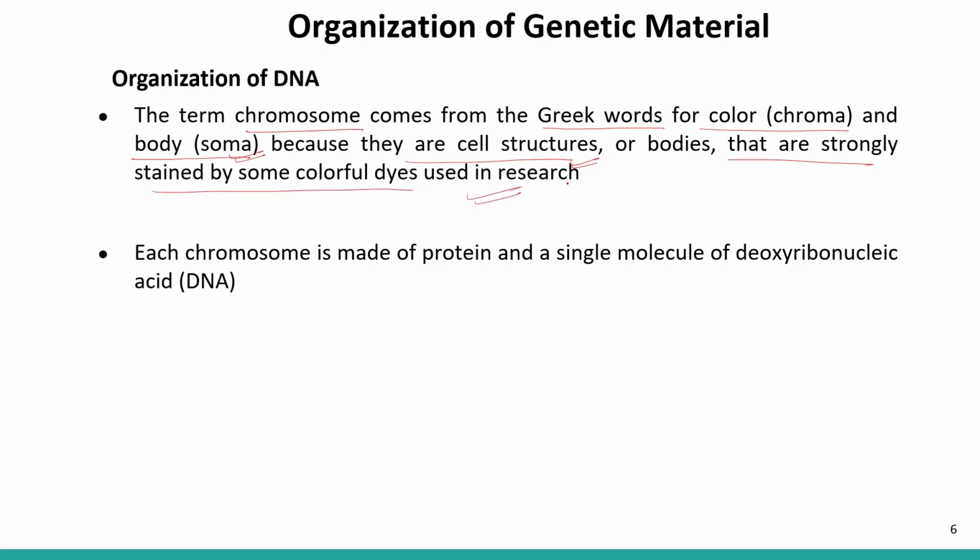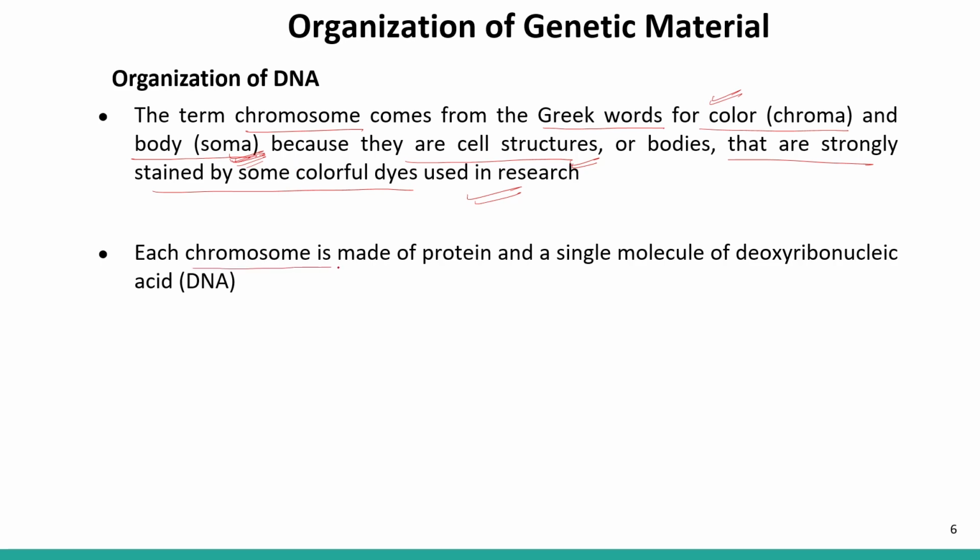To know where the chromosome structure exists, some stains or dyes are used to see the structure of the chromosome. So that is why it got its name, because it shows a particular color and has a structure, which is called soma. Combined, it is called chromosome.